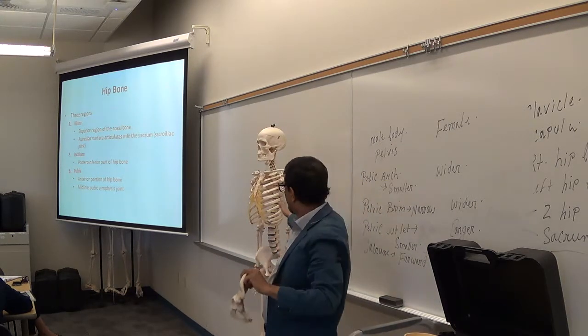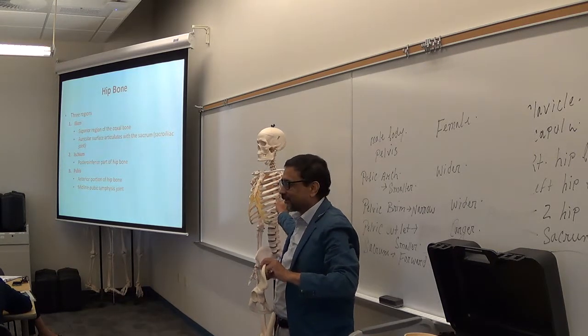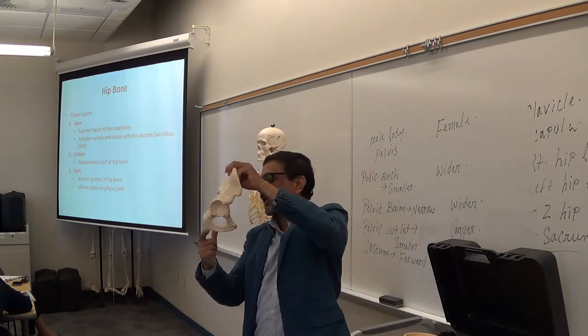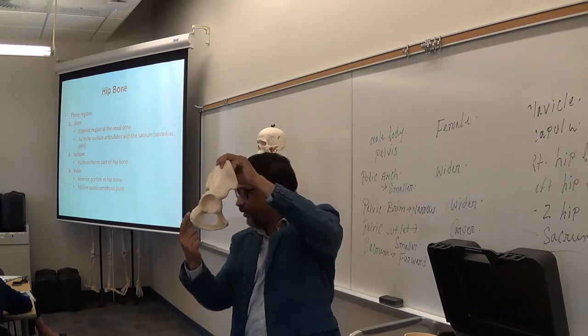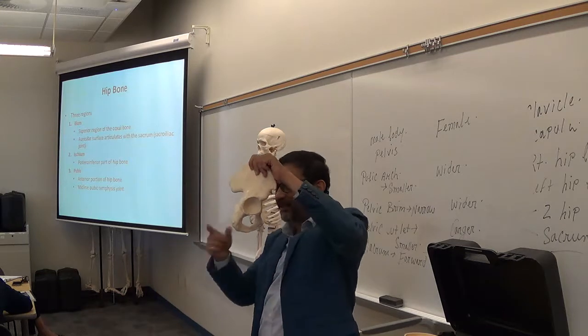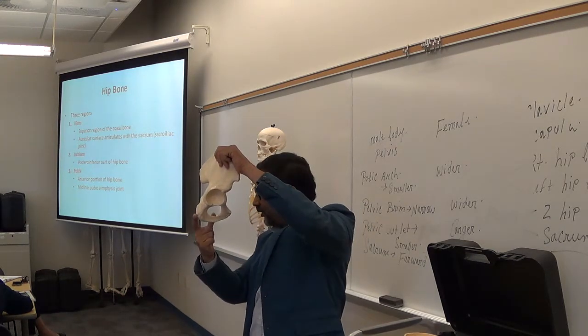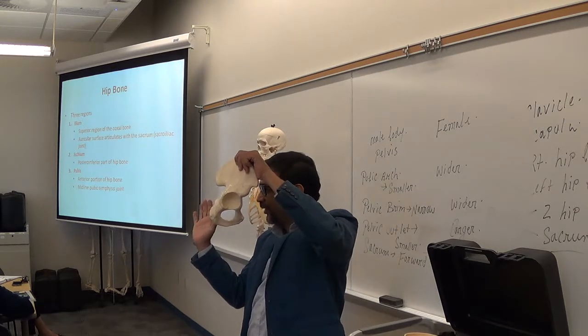You remember I told you deltoid tuberosity? So this rough area is called the ischial tuberosity. Is it clear? So the ischium has basically two structures. This is called spine, and this is called tuberosity. Make sense?